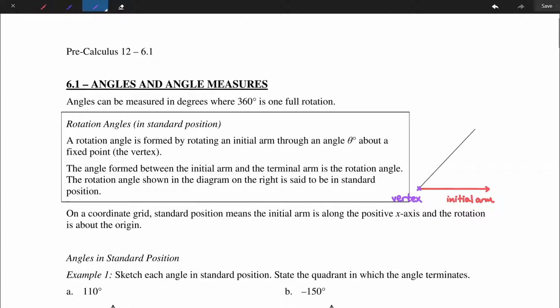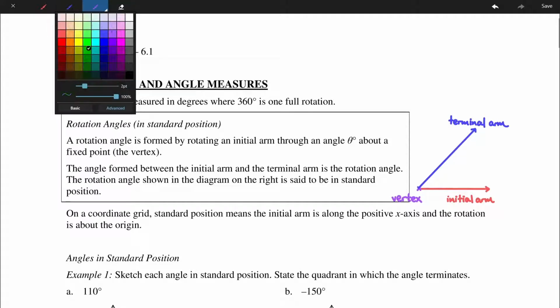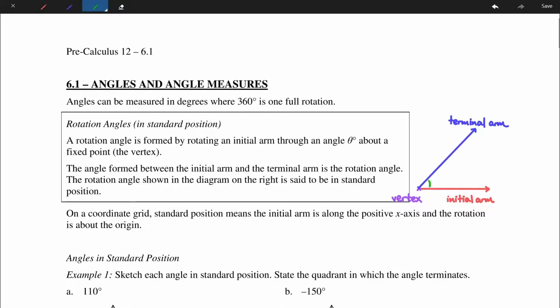And then we have a terminal arm after the rotation. So this is our terminal arm in our example. And the angle in between is the rotation angle. So this is the angle in question, and we'll label it with theta.